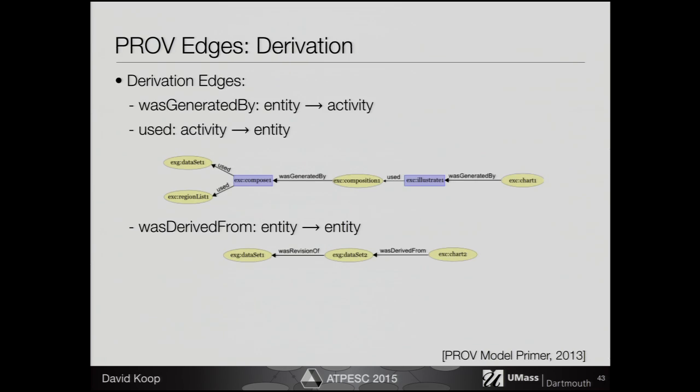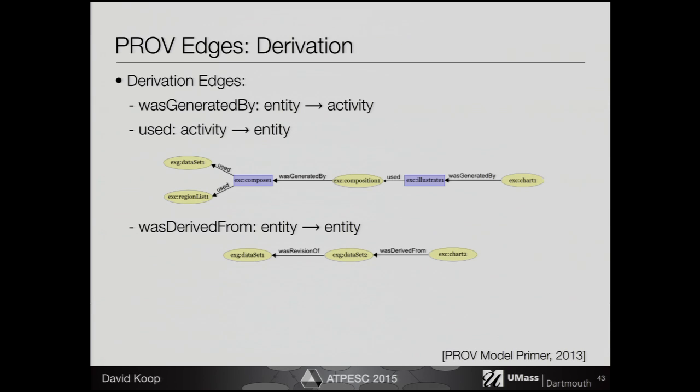So the derivation edges was generated by and used are the key ones there. Was generated by goes from an entity, a noun, to an activity, a verb, and used goes in the other direction. So in this case, the compose activity used two data sets, a data set and a region list, and then that generated the composition one there.